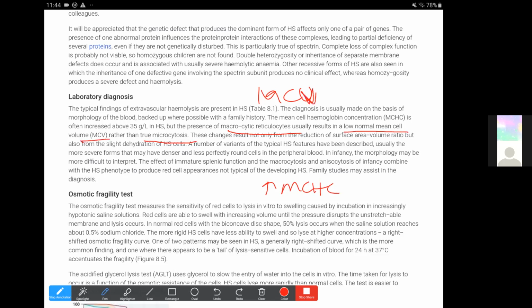So the MCHC is typically increased because they are spherocytic, they are microspherocytes, but the MCV is not correspondingly decreased. In fact, it may be normal or low normal. And the changes result not only from the reduction of surface area to volume, but also from the slight dehydration of the hereditary spherocytes. So a number of variants have been described, depending upon the genetic defect.